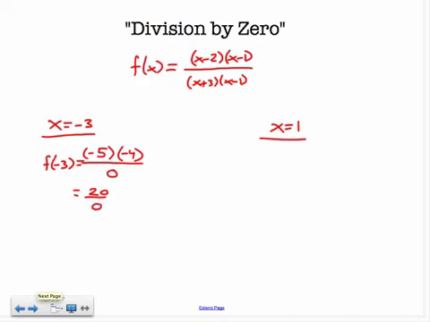When x is 1, if we try to plug in 1, we will get 0 divided by 0. Also undefined. But now we're going to take a look at what's the difference in what we see on the graph. To do that, we're going to jump to Microsoft Excel and use that to analyze what happens when we almost divide by 0 in these two cases.